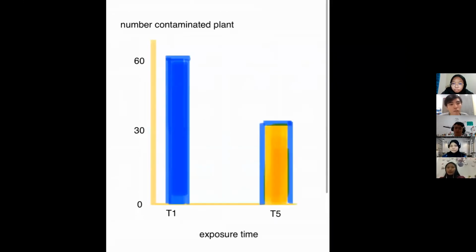So my conclusion is the longer the time, the more effective the sterilizing agent, but at the same time it will reduce the viability of the plant.